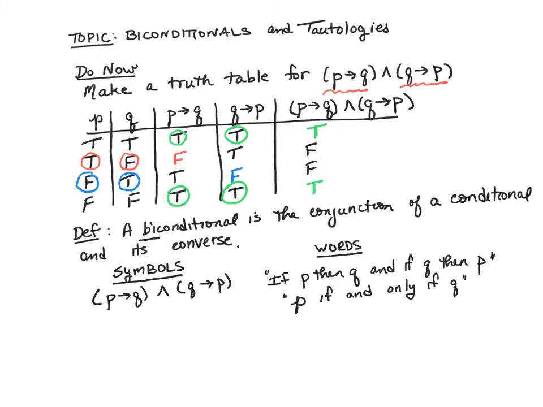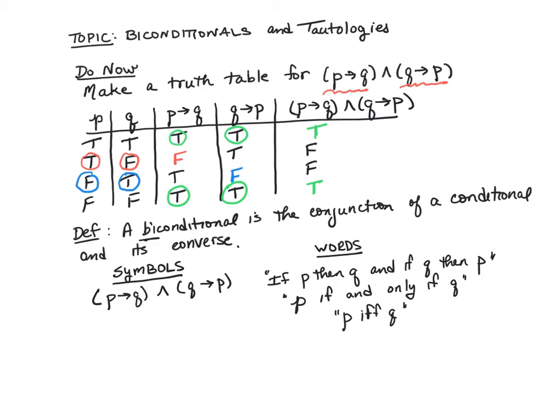P if and only if Q. And sometimes in math, we use that if and only if so much that we write IFF. You'll see a lot of teachers do that. But P if and only if Q means if P then Q and if Q then P.